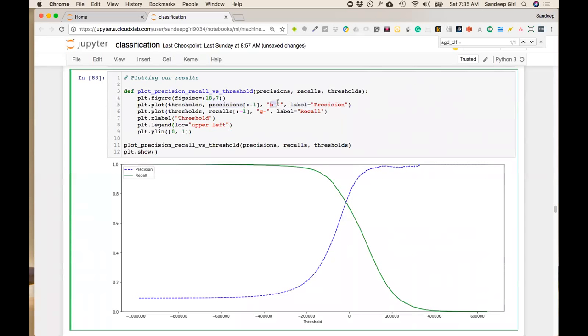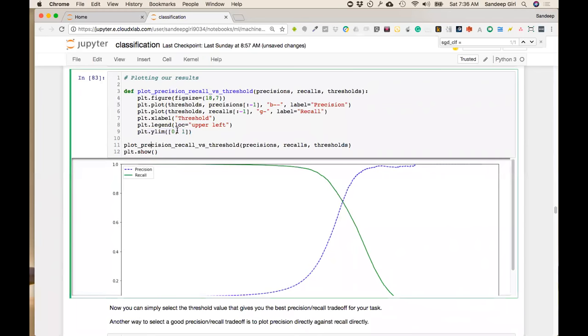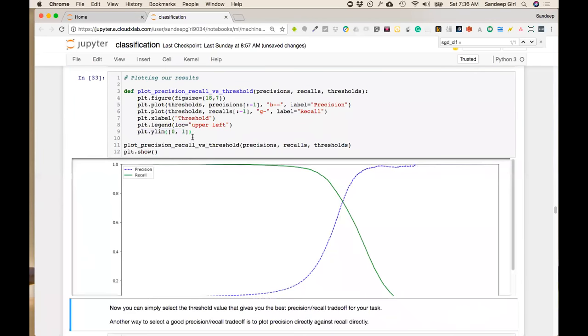This is blue, and this is green. So we're plotting threshold versus precision, threshold versus recalls, putting the labels and the legend, and we are limiting the y from 0 to 1.